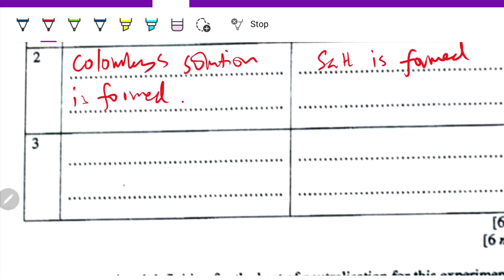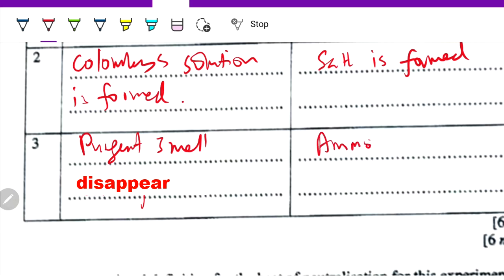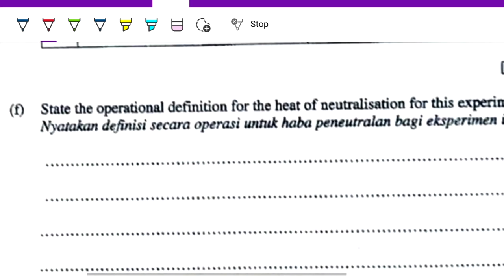So another observation will be the pungent smell disappears. Why does it disappear? Ammonia is neutralized by acid.